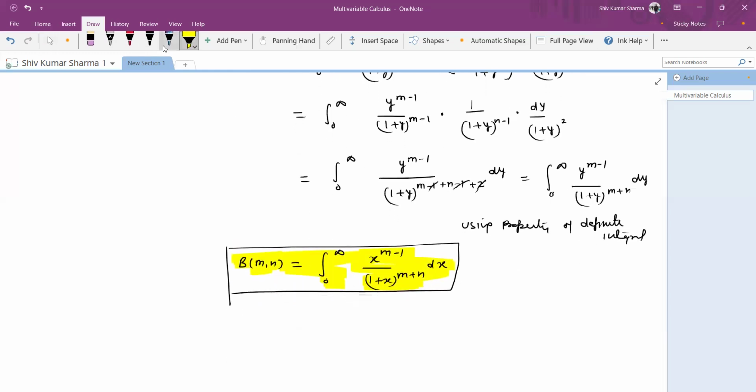Third property, similarly, we can write down the result of the third property. What is the third property?